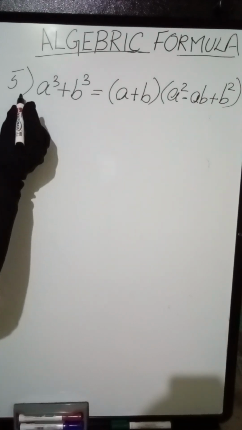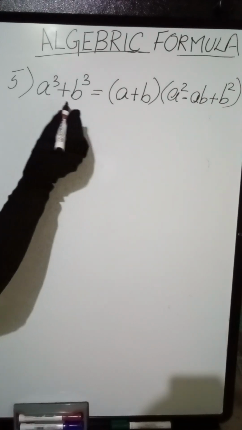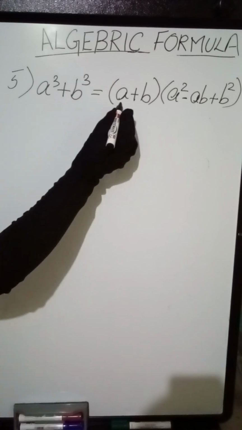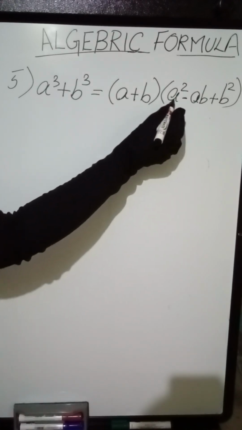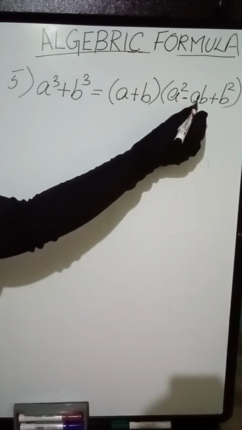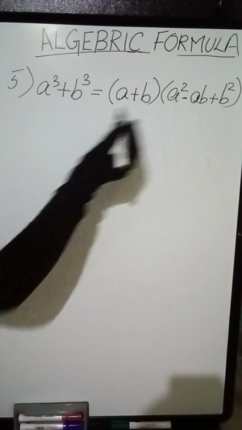So a cube plus b cube is equal to a plus b into a square minus ab plus b square.